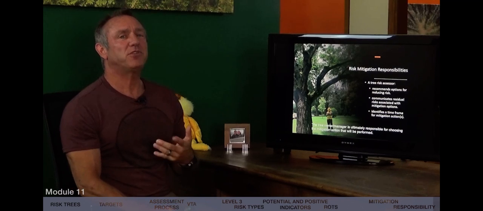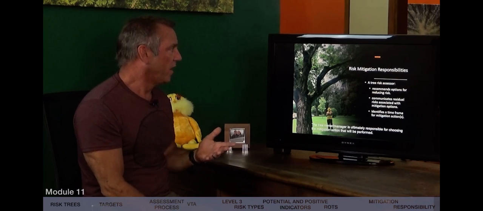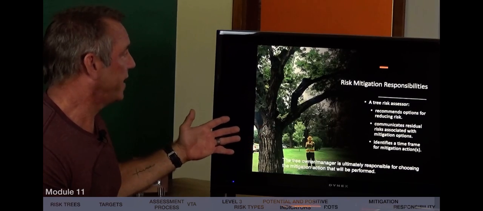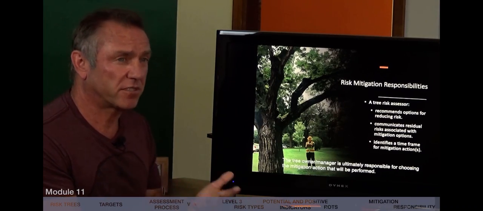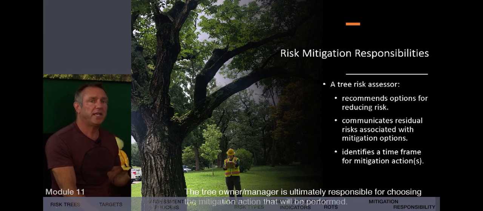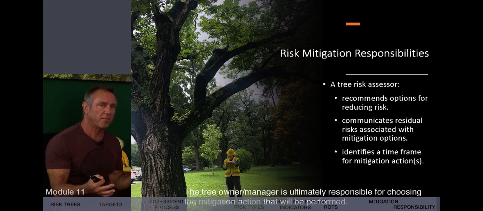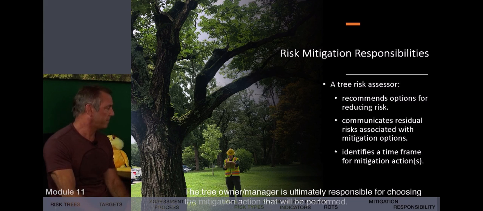Or perhaps you find a tree branch that is declining and you know it's not going to recover. So what you might communicate to the tree owner or manager is that this tree branch presents a moderate risk of failure and should be pruned and removed within the next few weeks. So again, give them a time frame because they're not arborists and they're looking to you for your professional opinion based on your assessment.